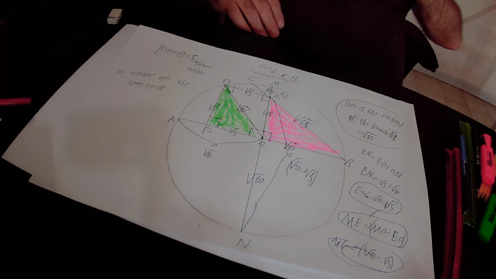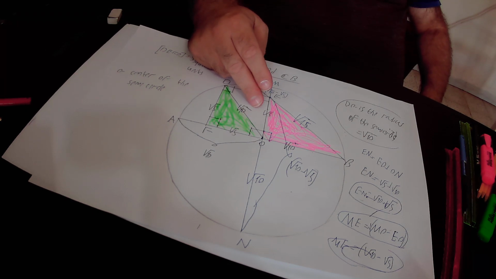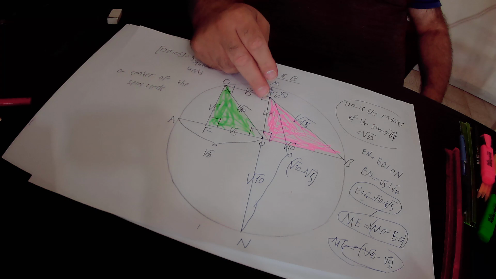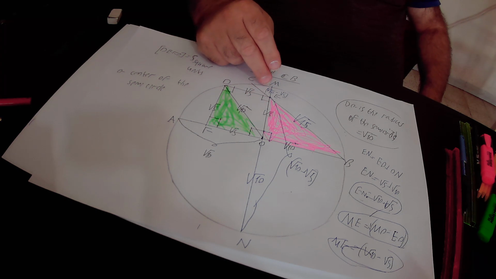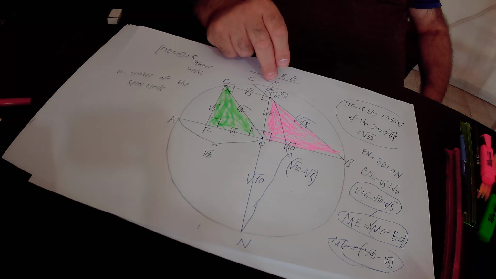OM is the radius of the circle, that is the square root of 10 units, minus OE, that is the square root of 5 units. So we found that ME equals the square root of 10 units minus the square root of 5 units.